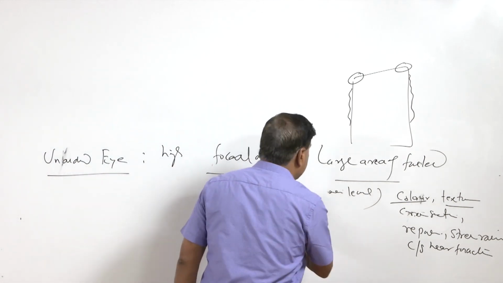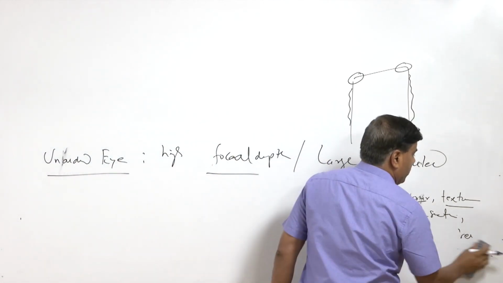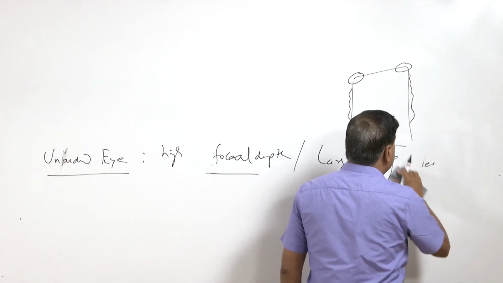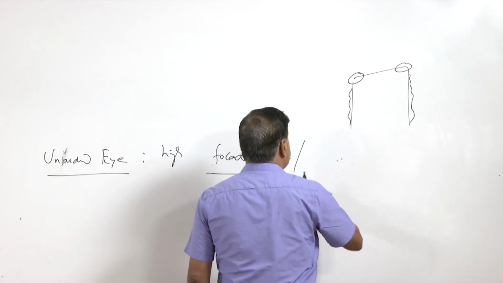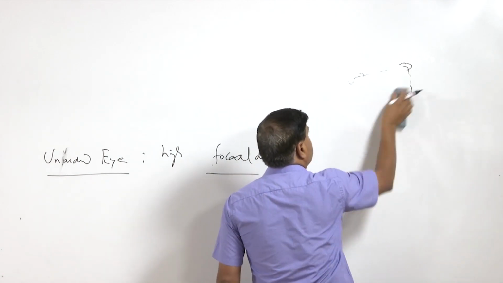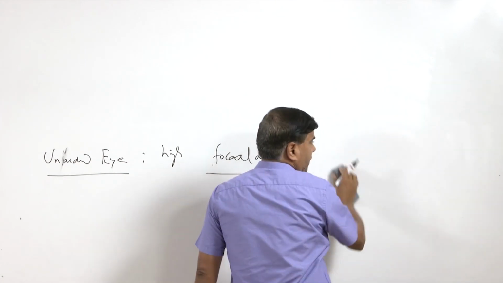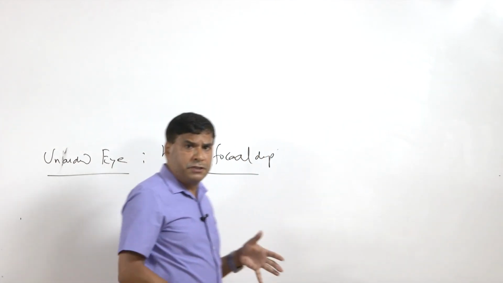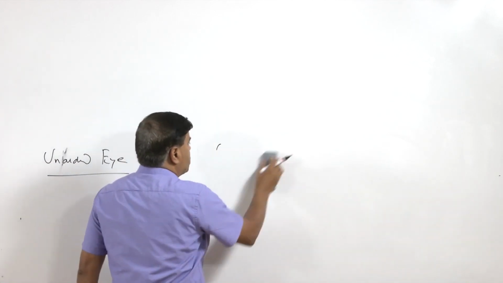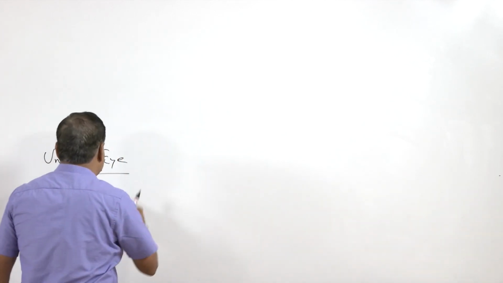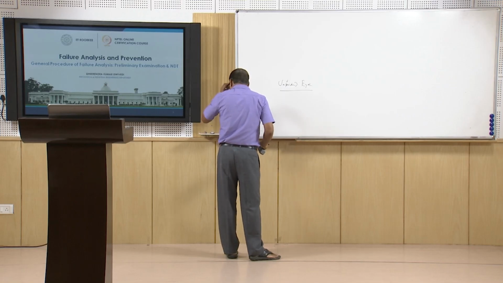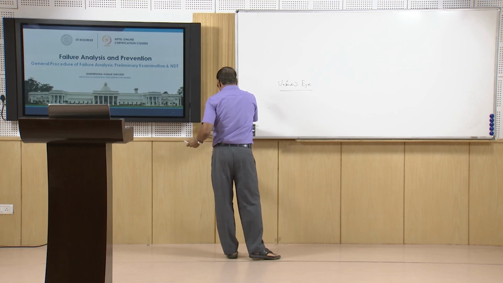That is why naked eye observations become very useful in failure analysis, and the intention of these observations is primarily to find out some of the reasons, causes, or evidences because of which failure has taken place.